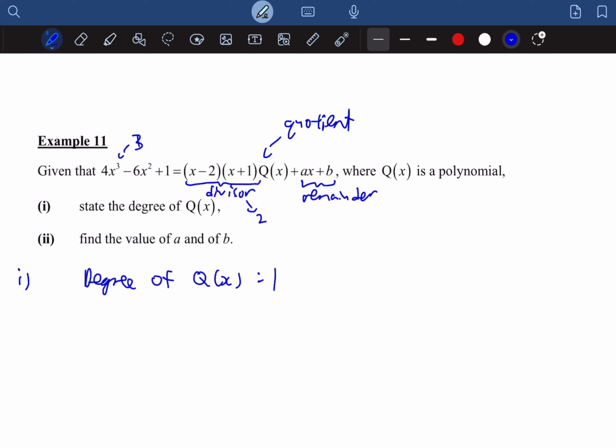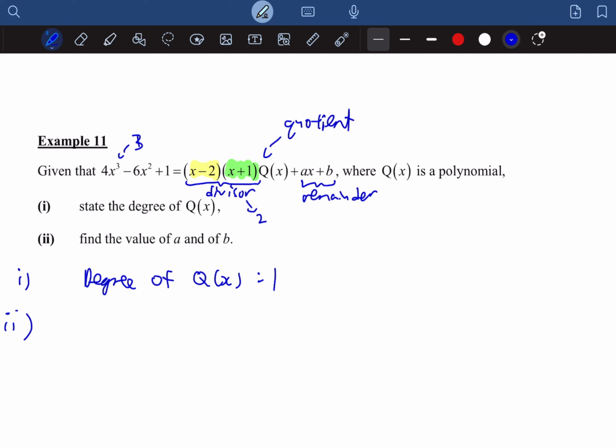Going back to our method 1 in solving multiple unknowns in polynomials, we always search for any bracket with a linear expression inside. You can see here we have two, x minus 2 and x plus 1. So we have two chances to substitute, and when we substitute, our q will be gone. So let's take a look.